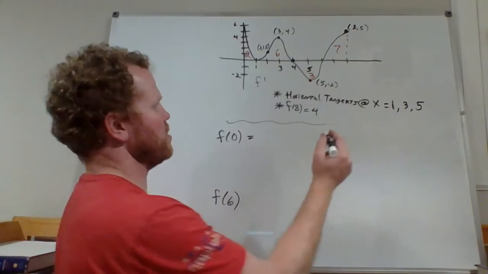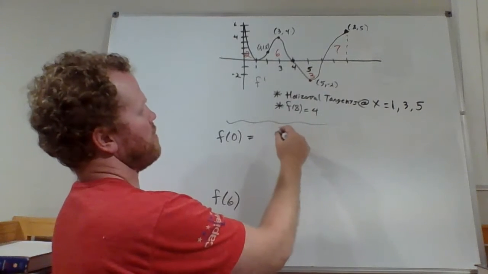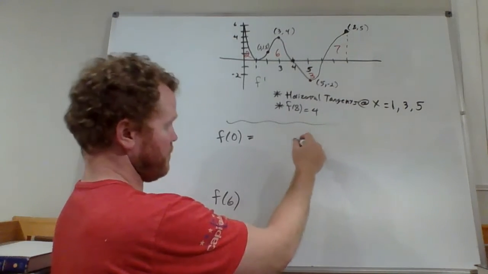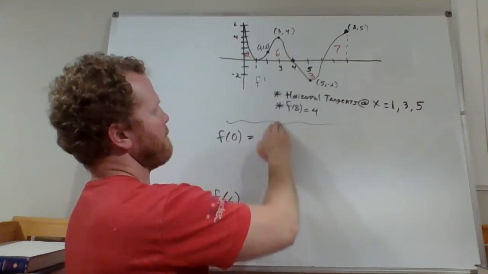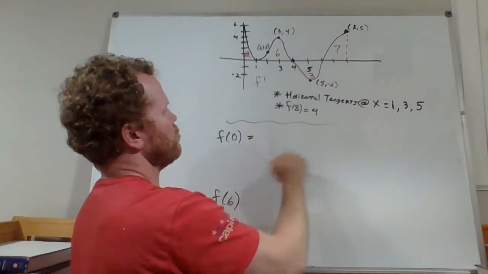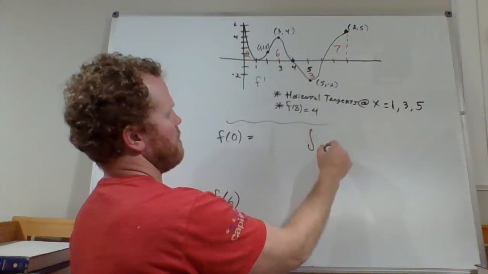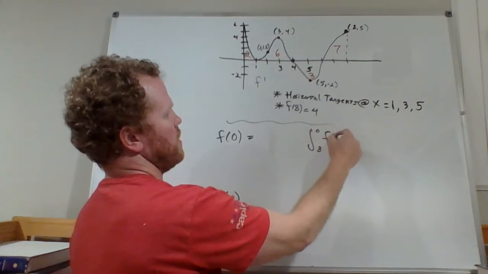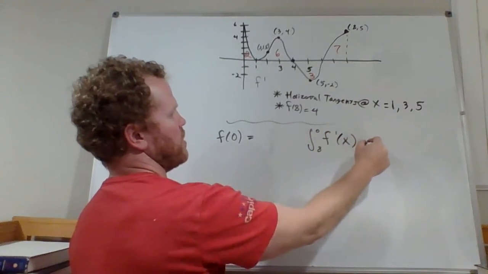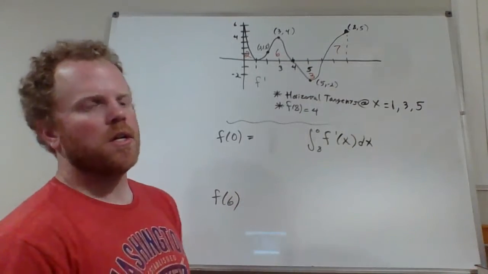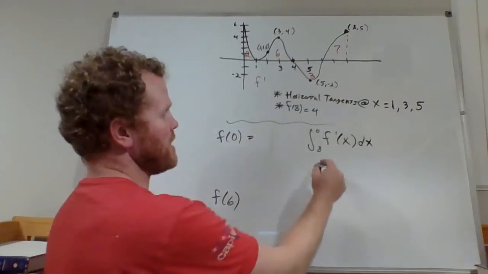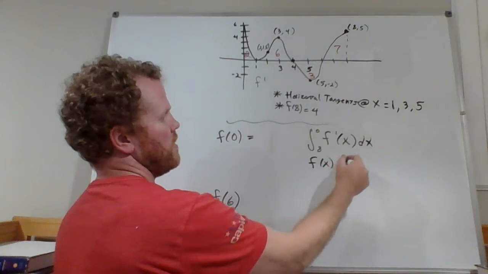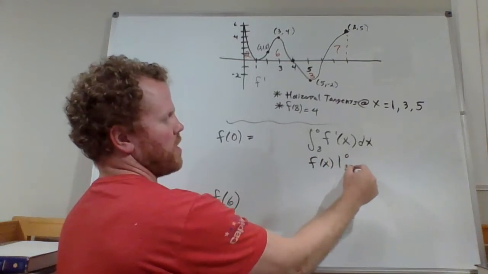So what I would like to do is integrate from 8 to 0 this f prime function. The reason I want to do that is because the antiderivative of f prime is f. And then you're going to plug in 0 and you're going to plug in 8.